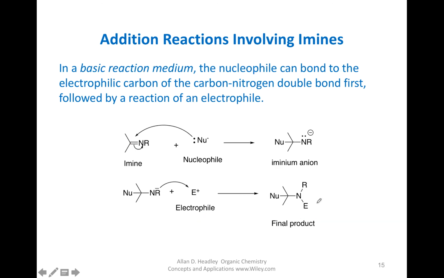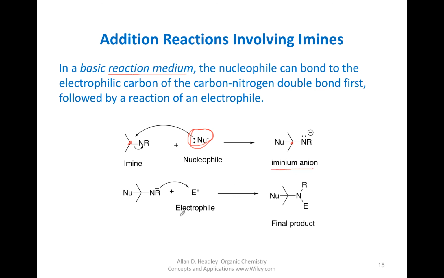Let us look at the other possibility. In a basic medium, where we have lots of nucleophile, it could be like your OH negative. The reaction takes place again in a regiospecific manner, where this nucleophile will add to this carbon to give us this intermediate.